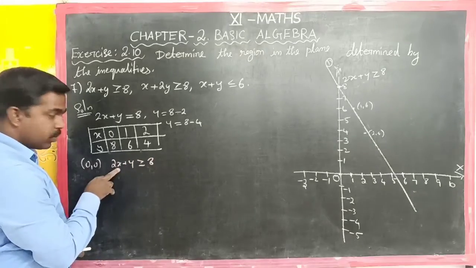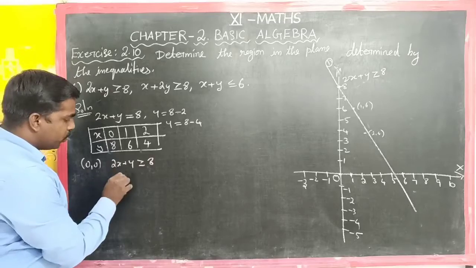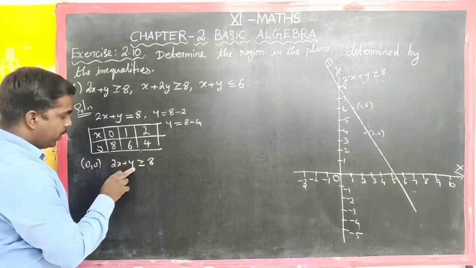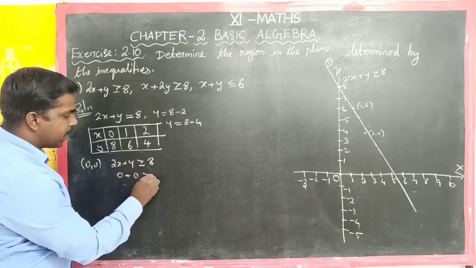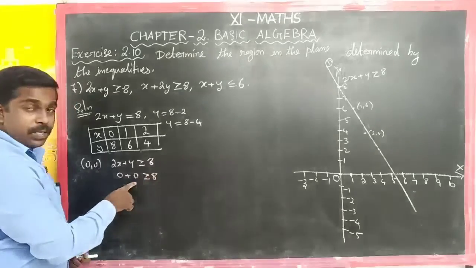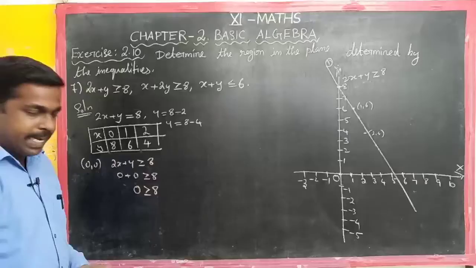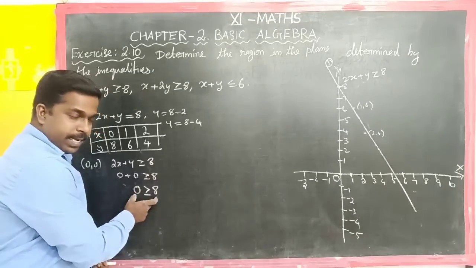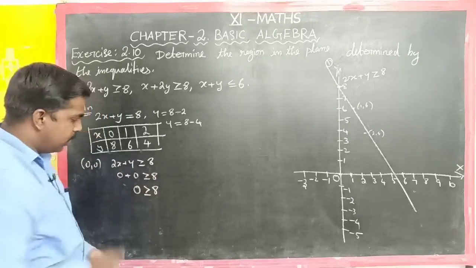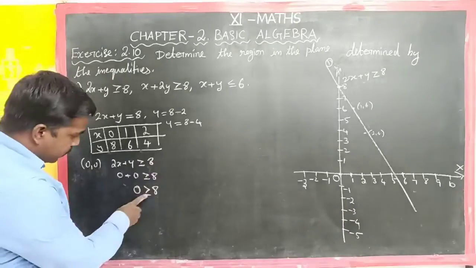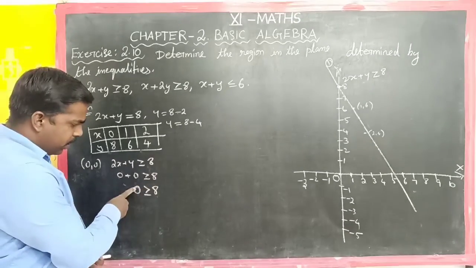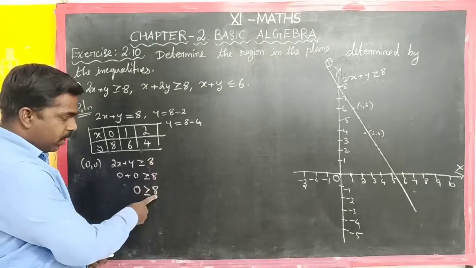First let me substitute x is equal to 0. 0 into 2 becomes 0, and y is also 0, plus 0 which is greater than or equal to 8. 0 plus 0 is 0 which is greater than or equal to 8. Whether it is true or false, we have to declare. 0 is greater than or equal to 8. Here 0 is greater value than 8.